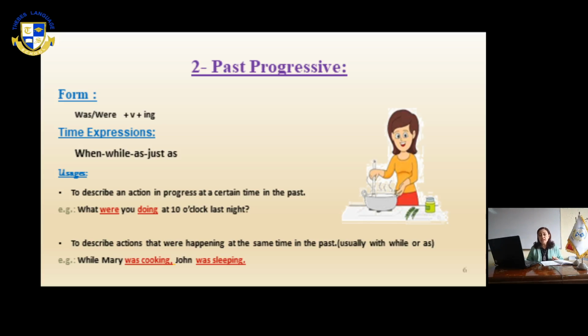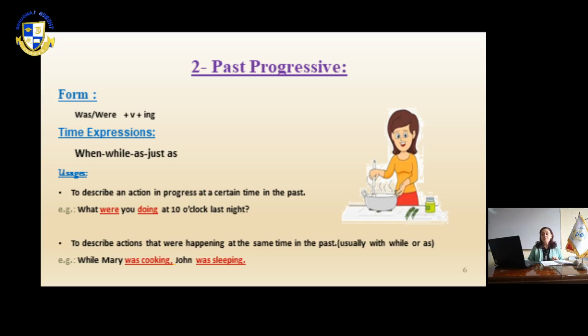What were you doing at 10 o'clock last night? I'm trying to know what happened at this time last night. To describe actions that were happening at the same time in the past, usually with while or as, two long actions happening at the same time. No one of them interrupted the other. That's why we have to use here past progressive. While Mary was cooking, John was sleeping.